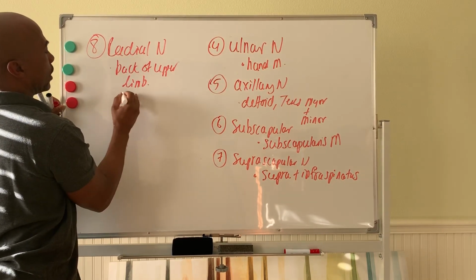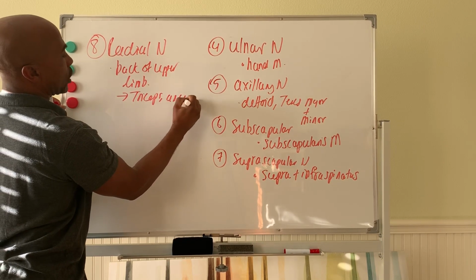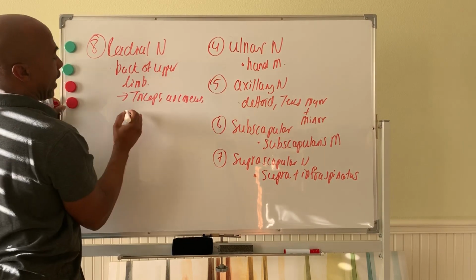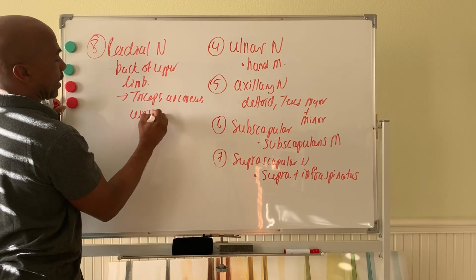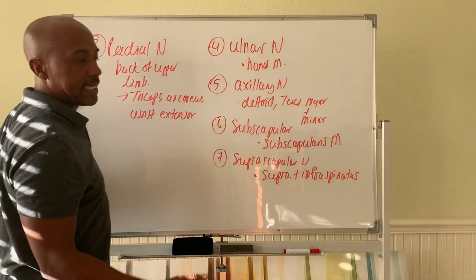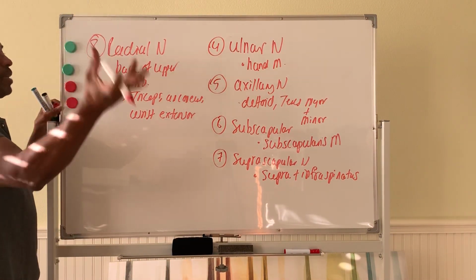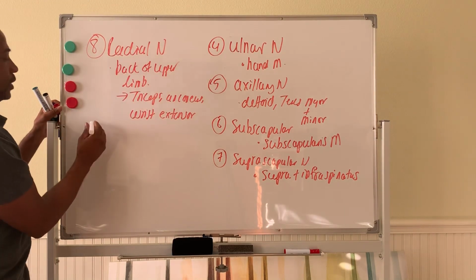Again, things like your triceps brachii and anconeus and your wrist extensors, your extensor carpi radialis, extensor digitorum, extensor digiti minimi are controlled by the radial nerve.